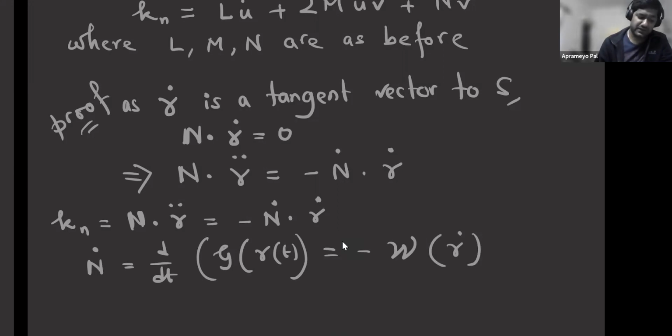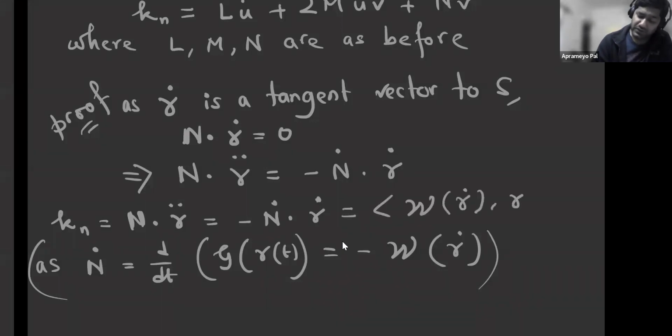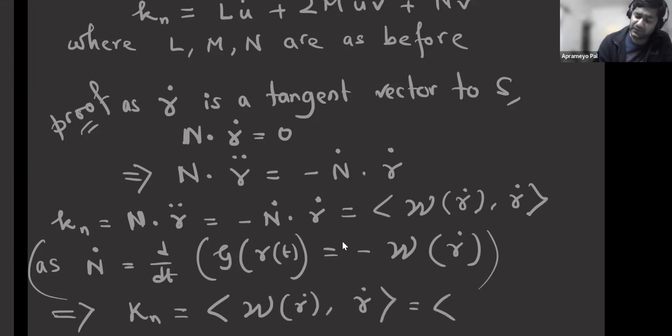So I can rewrite this as the inner product of the Weingarten map of gamma dot with gamma dot. So what we get, kappa n, is the inner product of W(gamma dot) with gamma dot, and that's just by definition the inner product given by the second fundamental form.